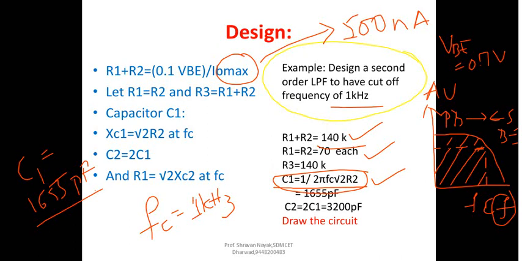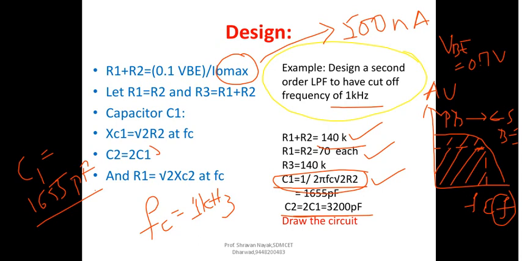Once you have evaluated the value of C1, you will be able to get the value of C2 easily, right? C2 is equal to twice the value of C1, approximately 3,200 picofarad. And if you look at the exact value as per the value of C1, it comes to be 3,310 picofarad, twice 1655.